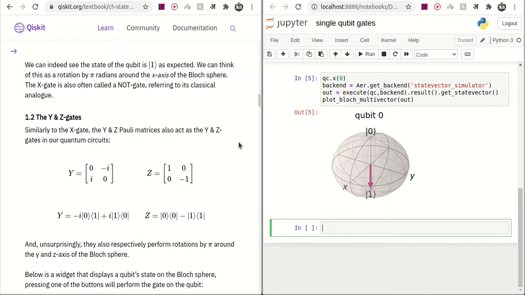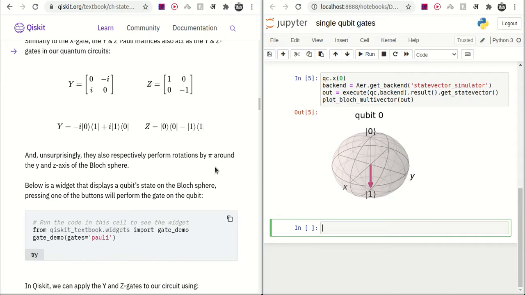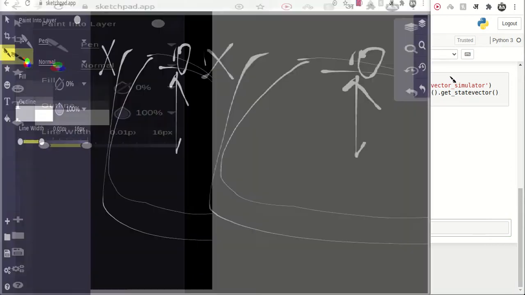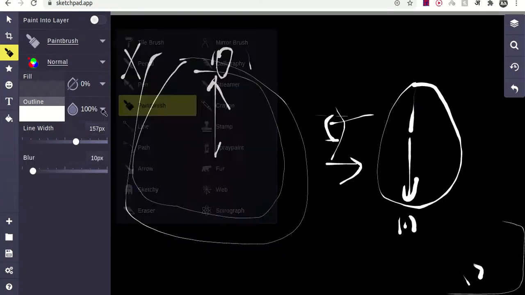Now we come to the Y and Z gates. Similar to the X gate, this is the Y gate and Z gate. If you multiply Y with 0, they also respectively perform rotations around the Y and Z axes of the Bloch sphere.